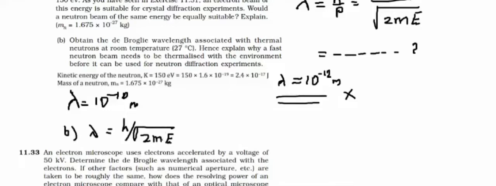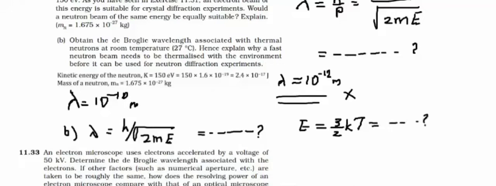But here temperature is given. Therefore, first you have to find energy. Energy is equal to 3 by 2 kT, where you ensure that the temperature is taken in Kelvin.